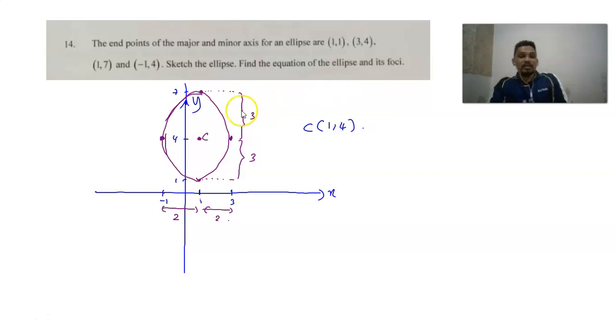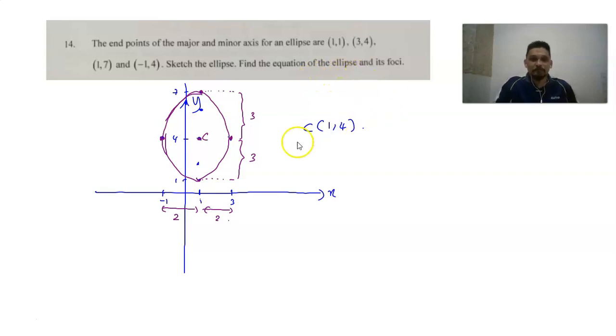So the major axis here is y. It's a vertical axis, since from C to this point is 3, and C to this point is 3, while C to this point is only 2, and C to this point is also 2. So it's a vertical axis, so the foci are somewhere around here. Find the equation of this ellipse and its foci.